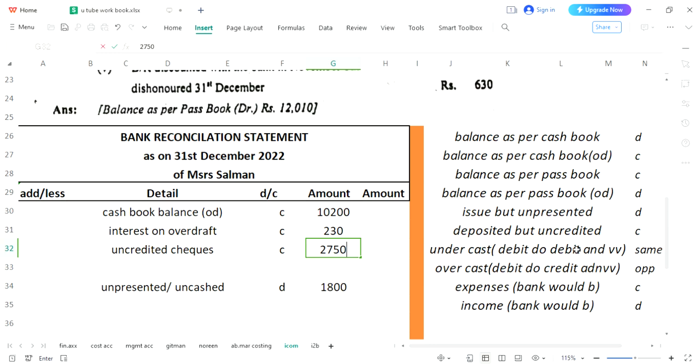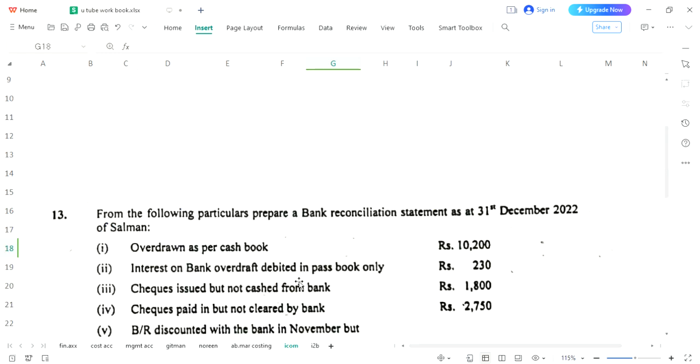Look, deposited or paid in but uncredited. This is a similar rule we are applying here. How do we know uncredited checks deposited? Look at this, paid in. Paid in means you have deposited your check in your bank: 2750.